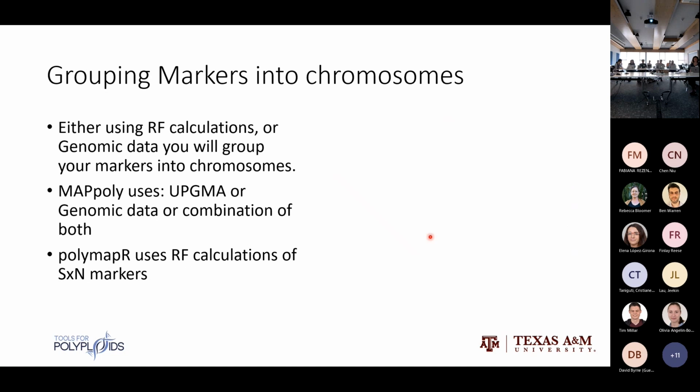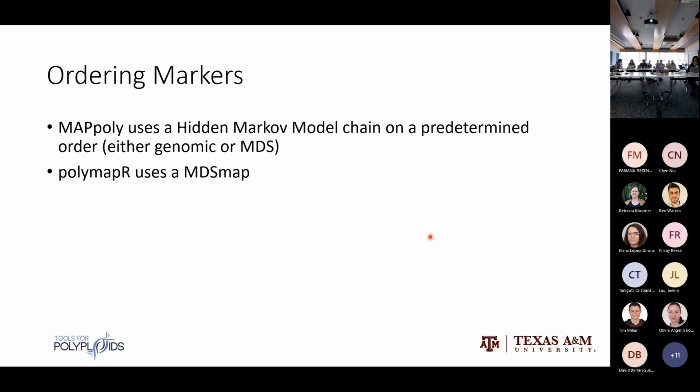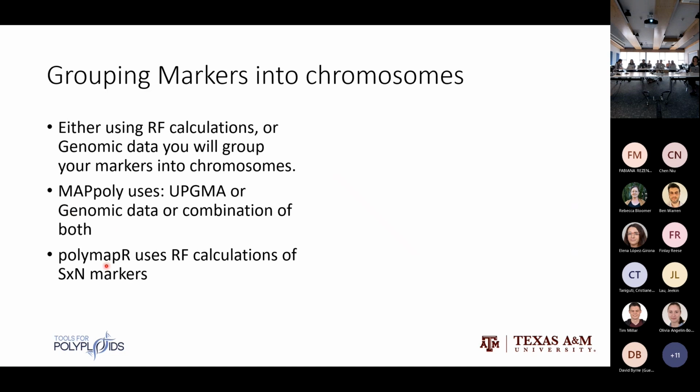Then you're going to group your markers into chromosomes. So using both software, you're going to have to do some kind of grouping. And like I talked about earlier, in PolyMapR, at the beginning you have to make a scaffold and then you fit everything to it. In MapPoly, you can use UPGMA, and that is just a clustering algorithm. Or you can use the genomic data.